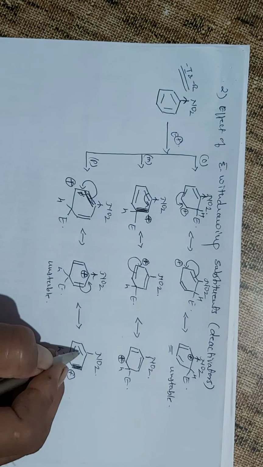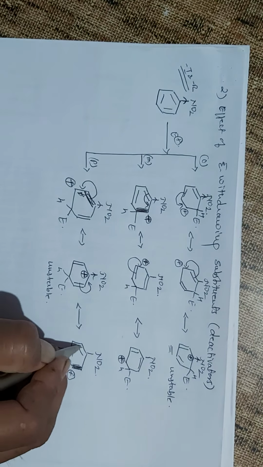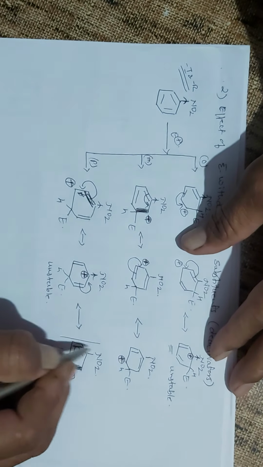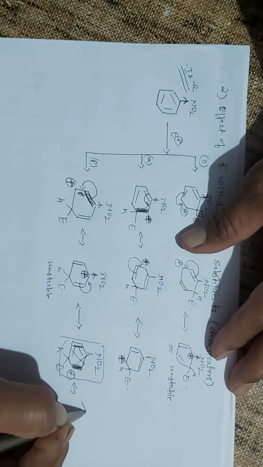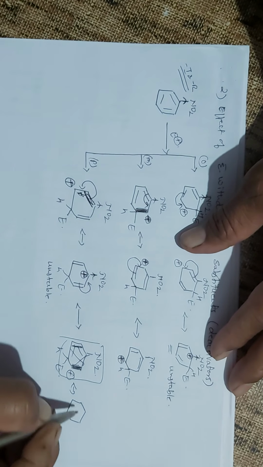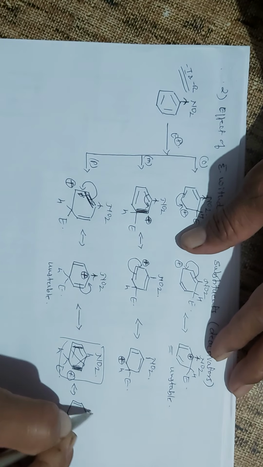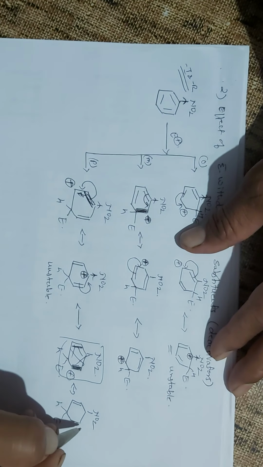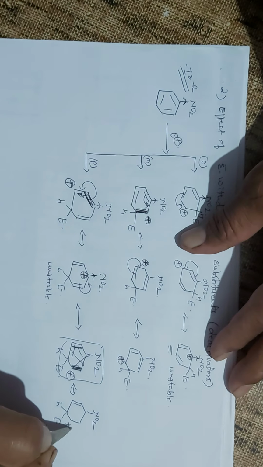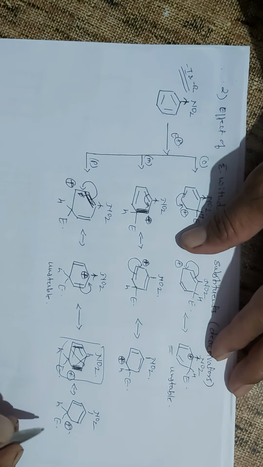Sorry, this is the wrong structure. I will write it again here. The nitro group, the electrophile, and the positive charge comes here in this way.